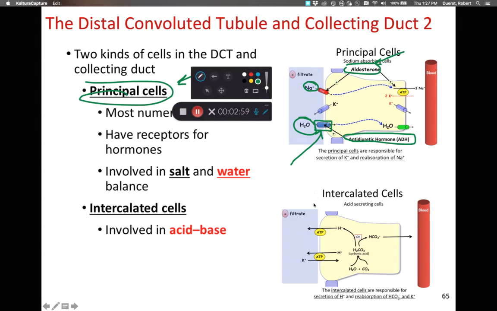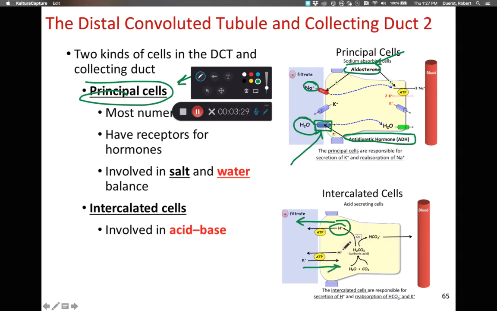As we look at the intercalated cells, these are cells within the renal tubules that are involved with acid-base balance, or acid-base regulation. These are cells that are going to add hydrogen ions to the filtrate. To help maintain overall homeostasis, or overall membrane equilibrium for the electrochemical gradient, they will also take in some potassium ions as well.